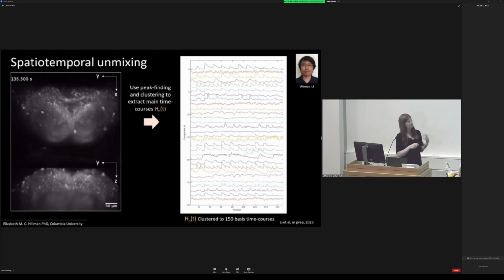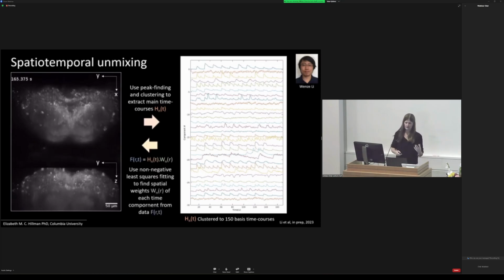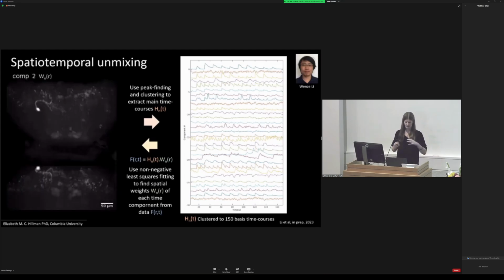You can see there are a lot of cool-looking ones in here, ones that seem to respond to the odor, and some that seem not to care about the odor at all. Then we do what we call a non-negative least squares fit. If we know the time course, we can go to every pixel and ask how much of each of these time courses is present in that pixel. We can turn that into images of these networks.